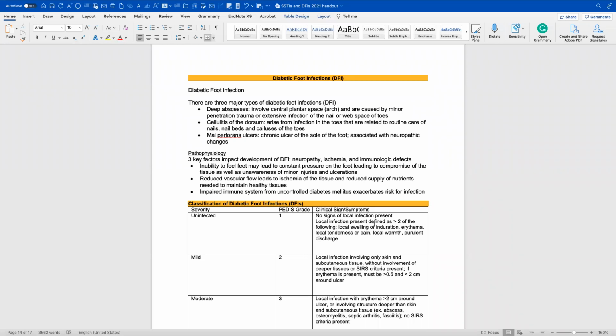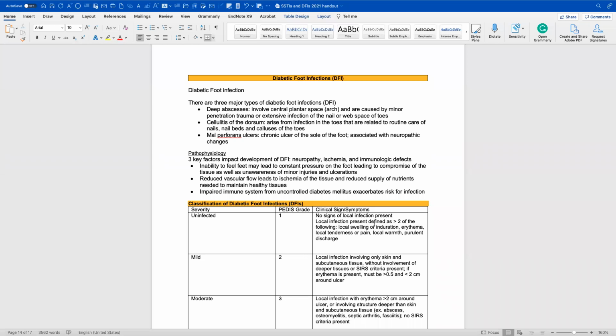So 3 key factors that impact development of DFI include neuropathy, ischemia, and immunological defects. The inability to feel the feet may lead to constant pressure on that foot, leading to the compromise of the tissue, as well as the unawareness of minor injuries and or ulcerations. Reduced vascular flow can lead to ischemia, which means death of those tissues, and that reduced supply of nutrients needed to maintain healthy tissues.